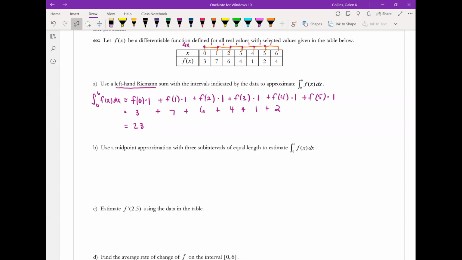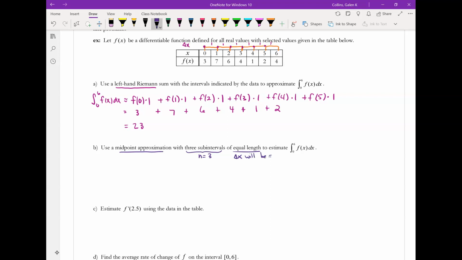In part B, we're now asked to use a midpoint approximation, and we're going to use 3 subintervals of equal length. So again, when they're of equal length, that means our delta x's will be the same.